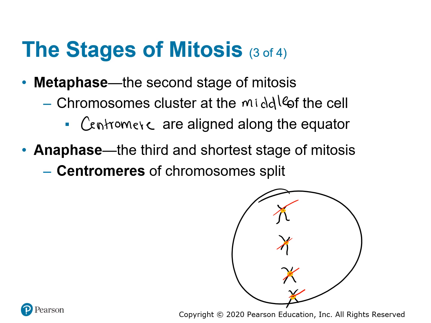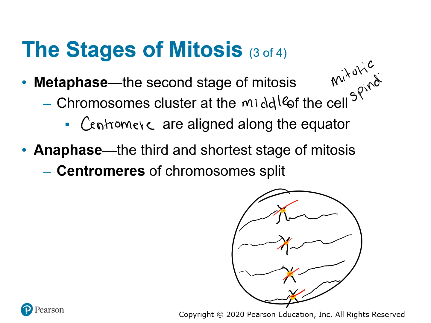Also in metaphase, you kind of get the mitotic spindles starting to reach towards their chromatid that they're trying to get to so that they can prepare for the next part. Just pulling them apart. Okay?